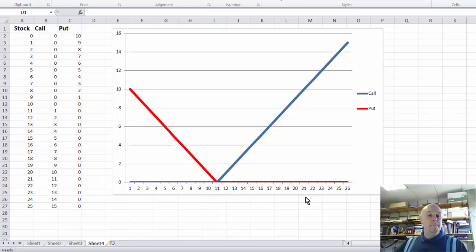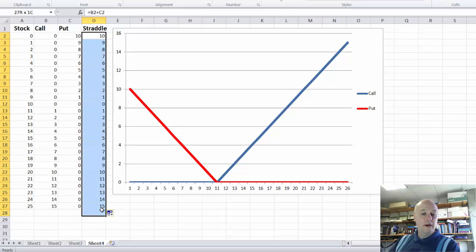And if I were to buy both a call and a put, those two options added together make a straddle. So sometimes people just call it by its name, the straddle. And I'm adding one call plus one put. So to get the value at expiry, I'm just adding those two values together, whatever the stock price is.